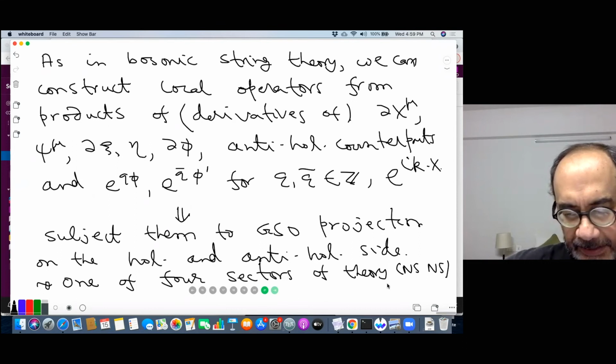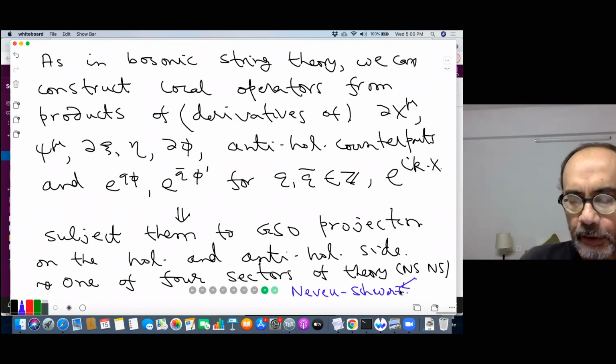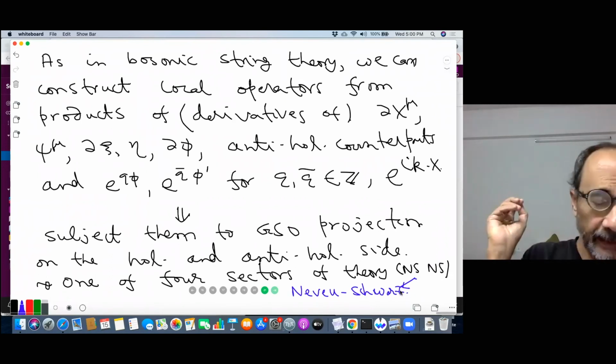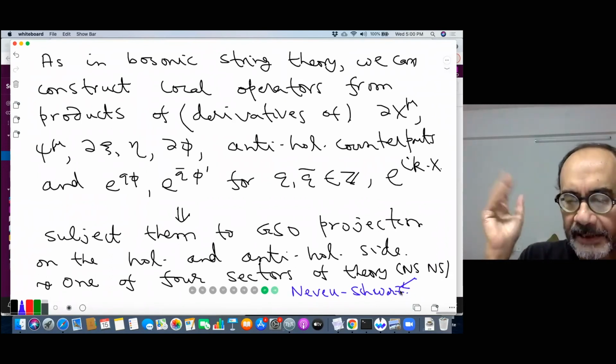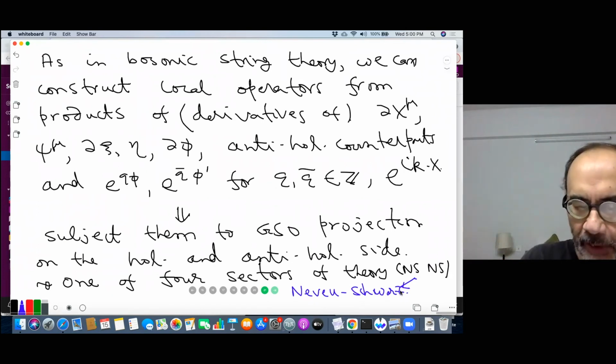So NS here stands for Neveu-Schwarz. So there are 3 other sectors, which are called NSR, where R stands for Ramond, and RNS, and RR. So I'll now describe what those other sectors are.